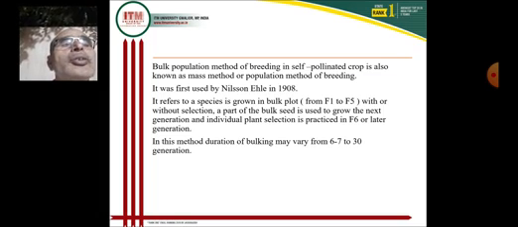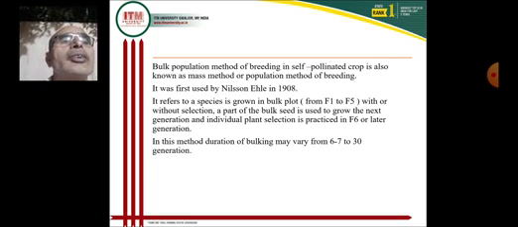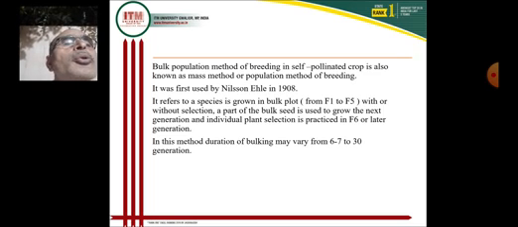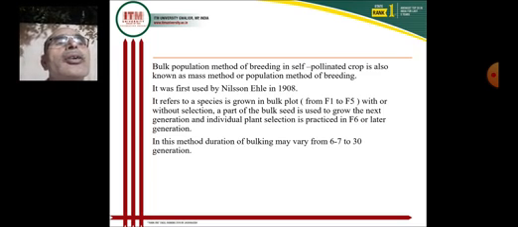So in this method, first of all, two parents are crossed together, their F1 is obtained, and up to the F5 generation the generations are grown as commercial crops.